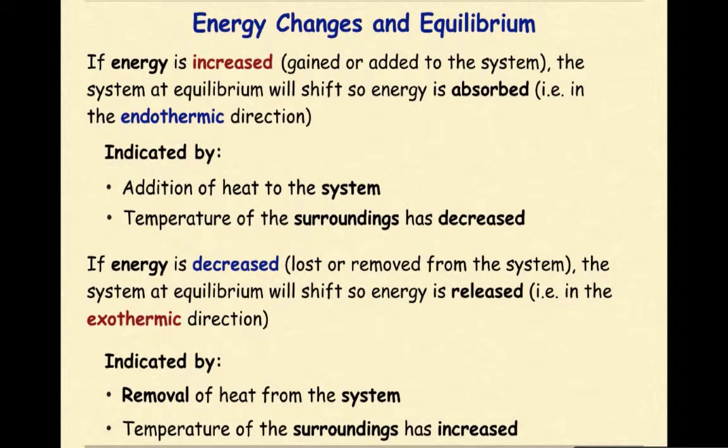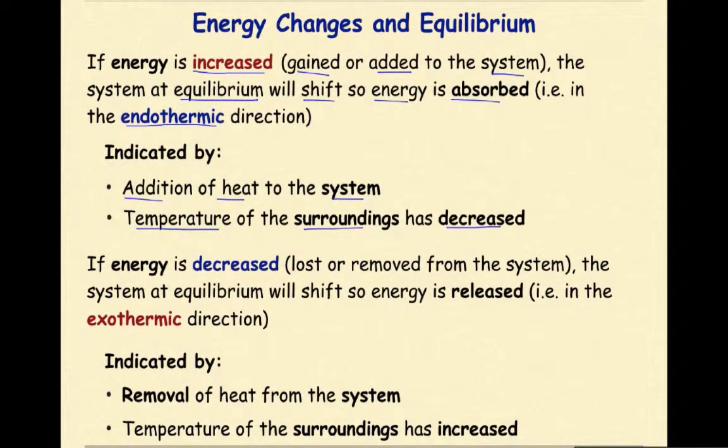Energy changes in equilibrium. If energy is increased, in other words, gained or added to the system, the system at equilibrium will shift so energy is absorbed, in other words, in the endothermic direction. This is indicated by the addition of heat to the system and, more noticeably, the temperature of the surroundings has decreased.